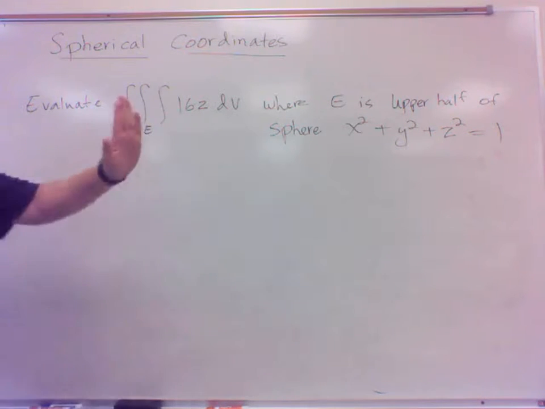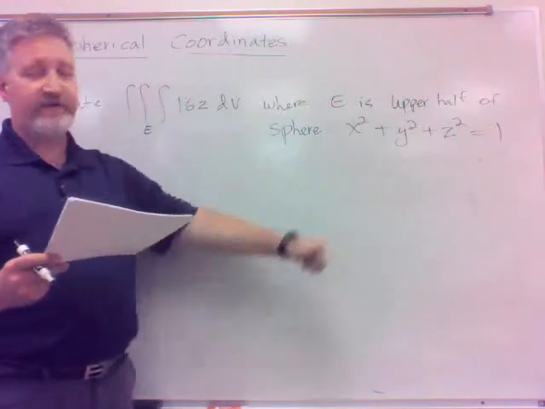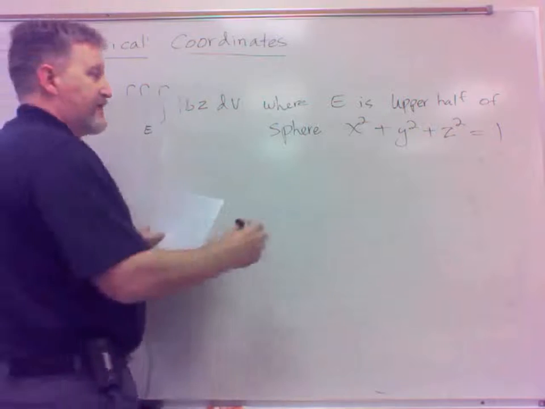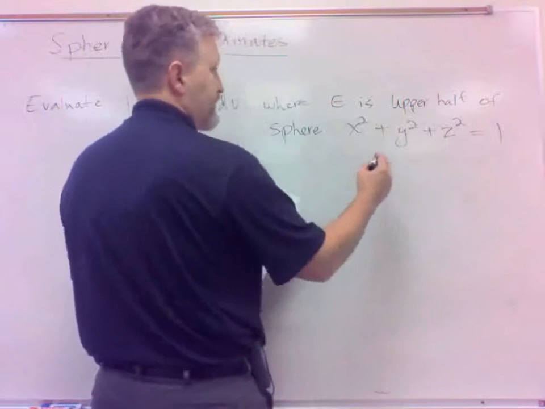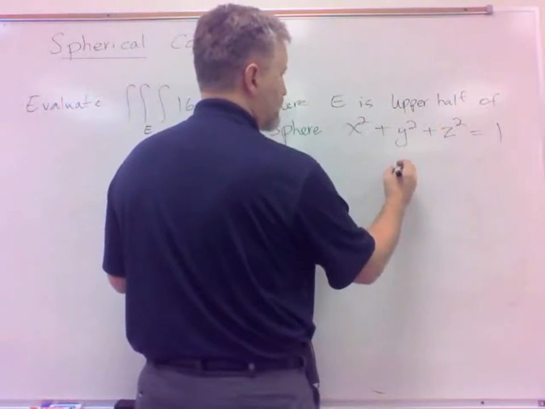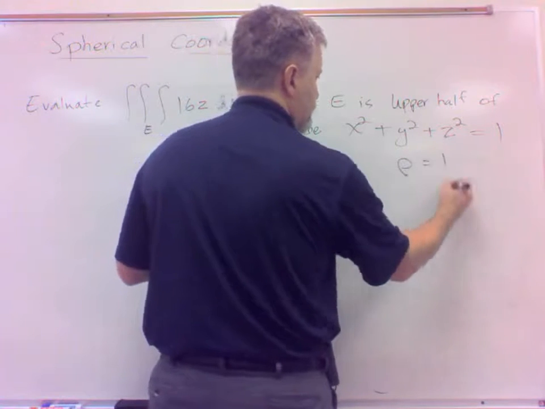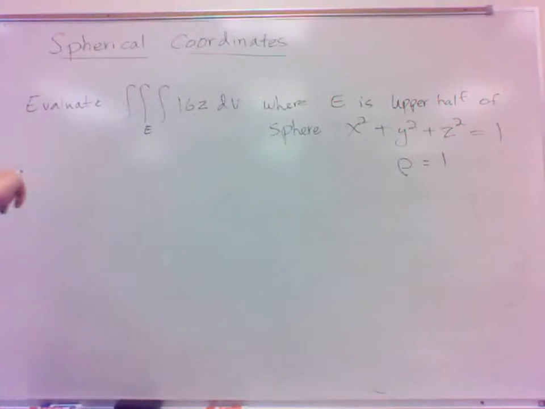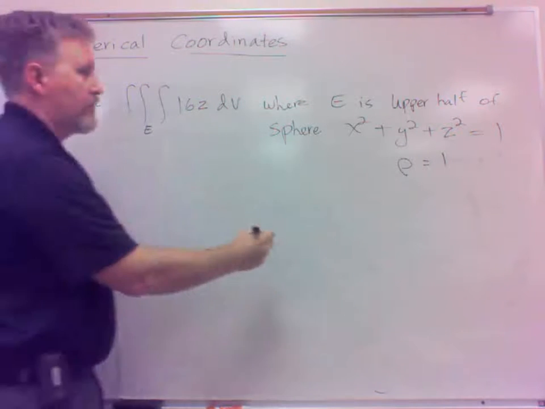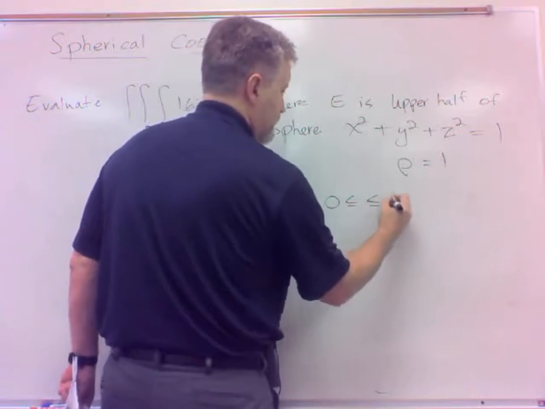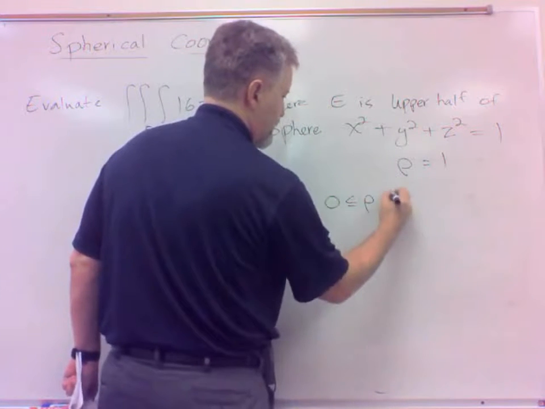Since we're talking about a sphere, x squared plus y squared plus z squared equals 1 is simply rho equals 1, isn't it? And so we're integrating over that solid top half of the sphere, and so rho here is going to range from 0 to 1 to the outside of the sphere.